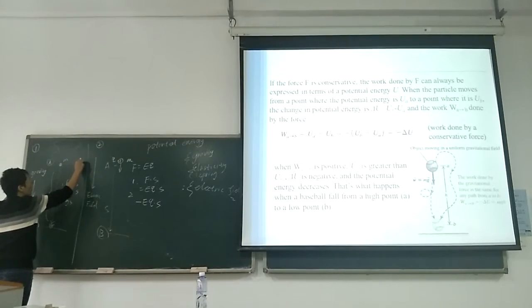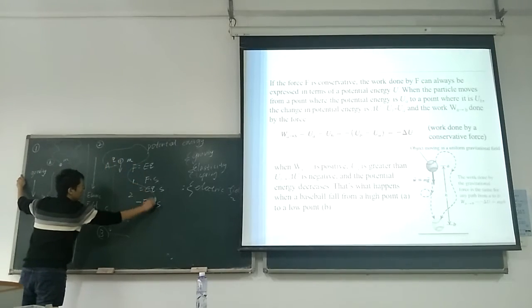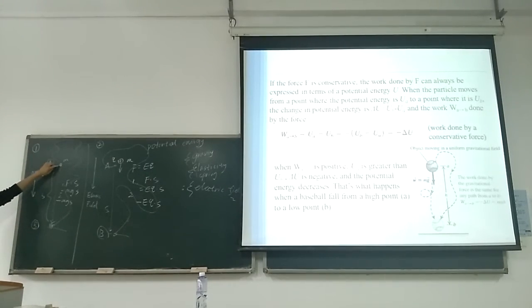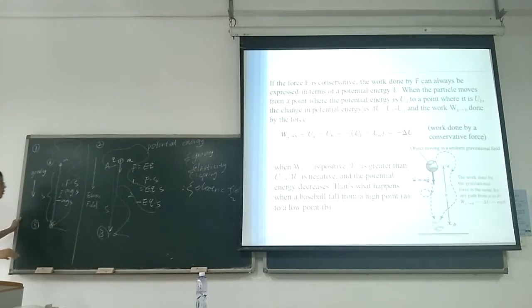When you move like this from A to B, the variation in the potential energy is exactly the same as that coming direct from point A to B. That is a very important definition of potential energy, or the potential energy has a characterization like this.